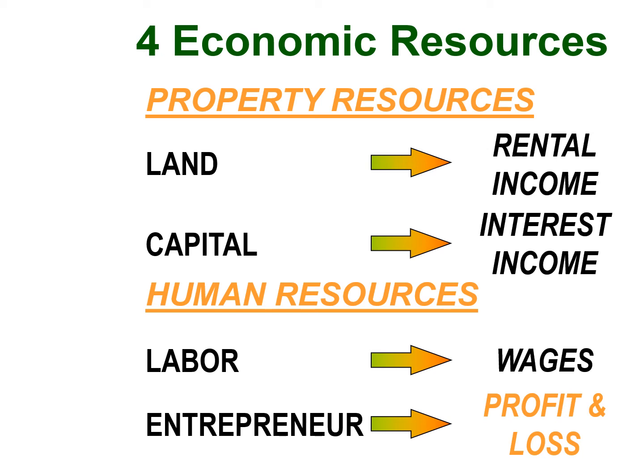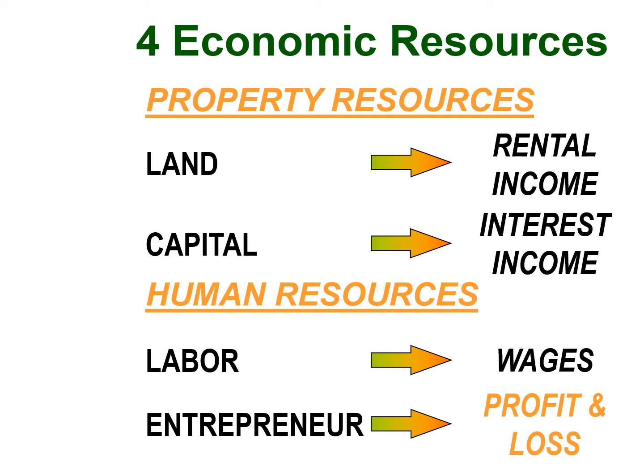Or capital can include something such as a dump truck used by a landscaper. Any machine, any tool, any type of manufactured aid that's used in the productive capacity is a capital resource. Again, an interesting term here. An economist identifies interest income when capital resources are put to use and generate economic income. The income associated with the capital resource is interest income.